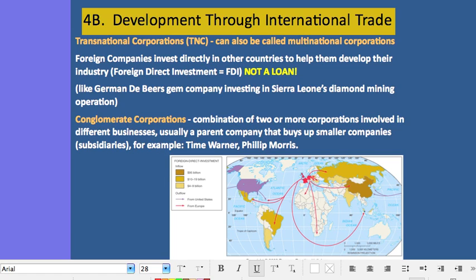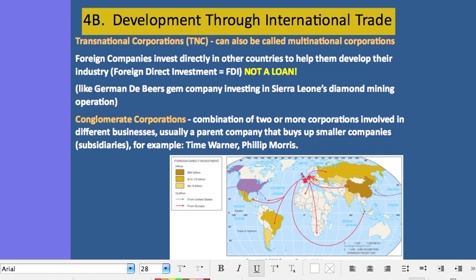So this is just a way for countries, LDCs, to get money by having countries and corporations outside of their country invest in them and provide them money. Again, not a loan. They don't have to pay this back. A conglomerate corporation is largely like a transnational corporation, but it is a combination of two or more corporations.